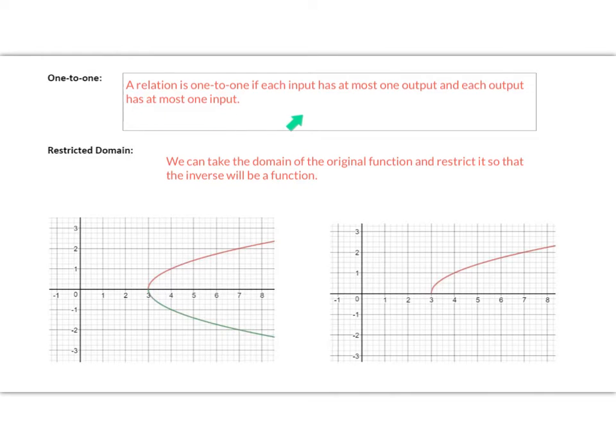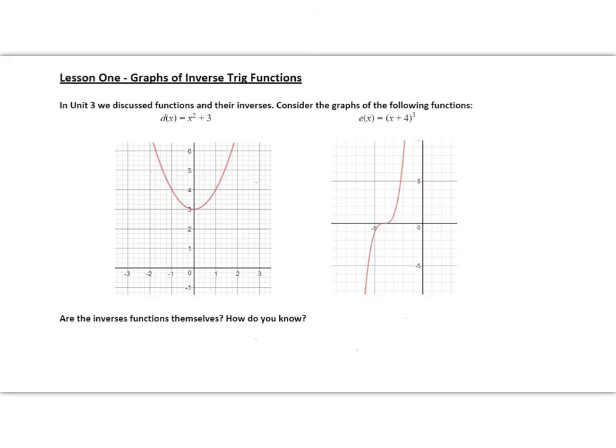When a function is not one-to-one, again like d of x, then we can do something called restricting its domain. We can take the domain of that original function and restrict it, so basically chop part of it off so that the inverse will be a function. So let's revisit our graphs here, and we're going to focus just on the one that had the inverse that was not a function.